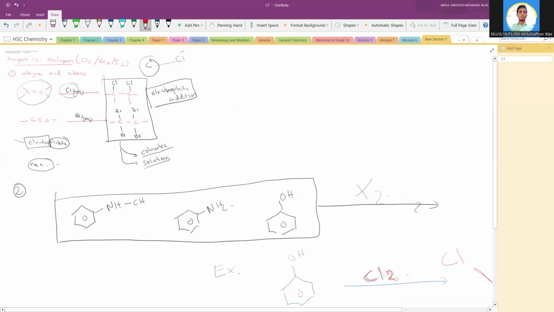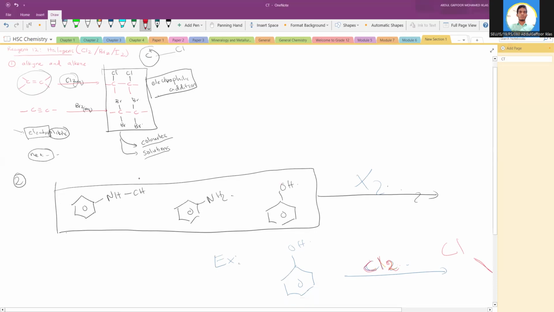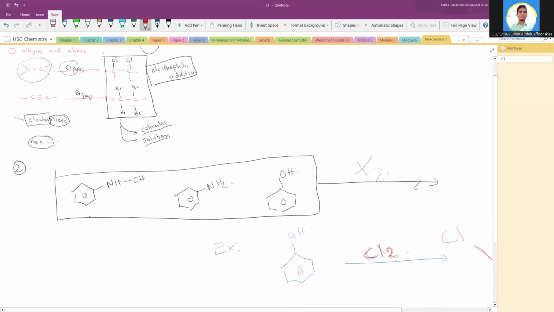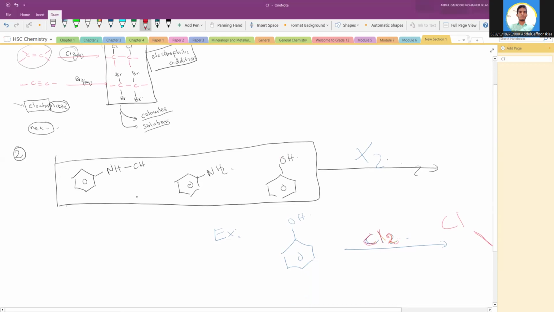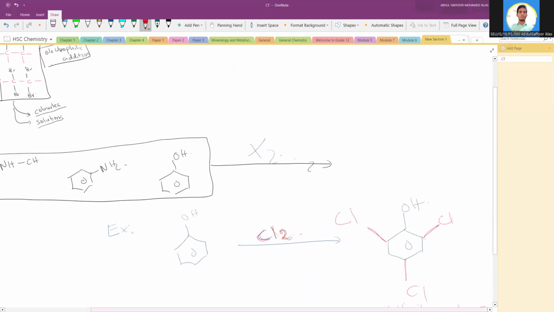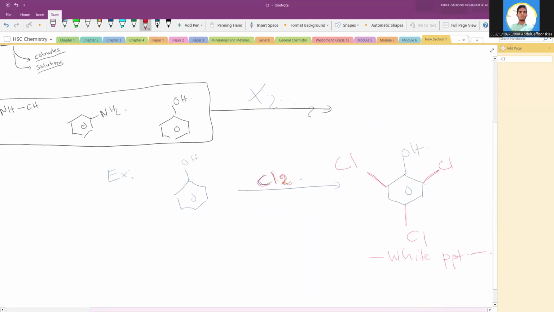This type of reaction is called electrophilic addition reaction, and the solution turns colorless. But the second type is, if you have these 3 systems, NH2 or OH, only with these 3 systems, if you put halogens, you will get a white color precipitate.